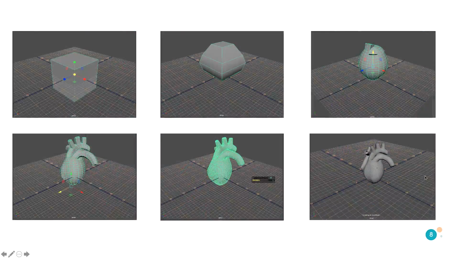In the model making, I spent a lot of time making the model of the heart.